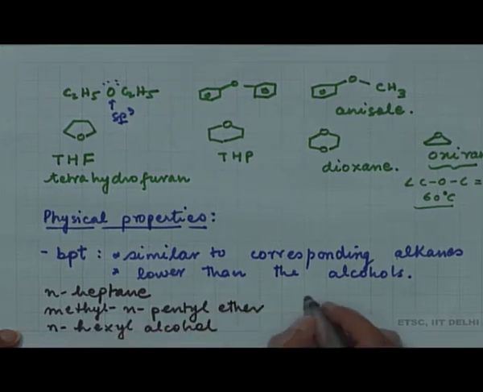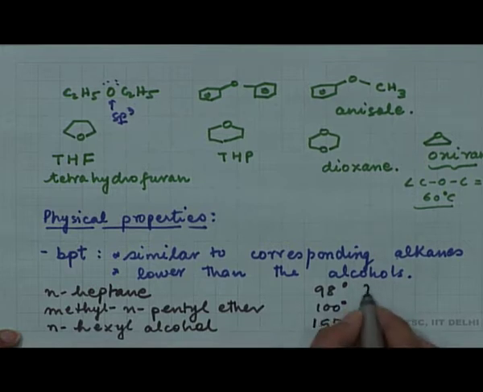If you compare the boiling points of these three, then your N-heptane is 98 degrees, your ether is 100 degrees, and your N-hexyl alcohol is 157 degrees.